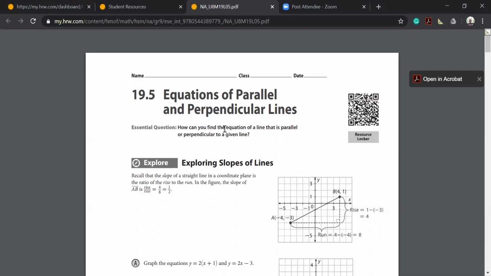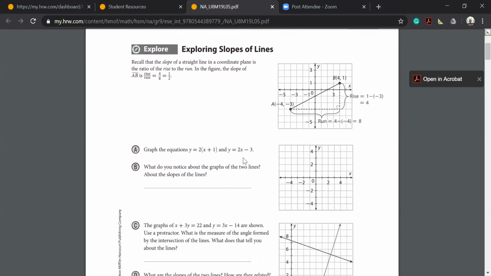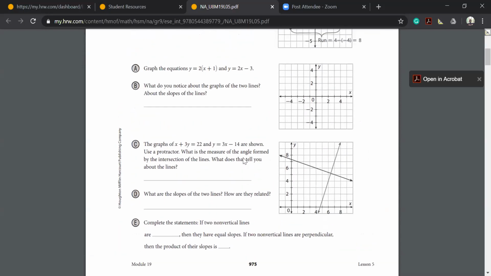But it's not just easy, it's a very, very important lesson. The equations of parallel and perpendicular lines are used heavily in SAT exams. So this lesson is easy, it's a break from geometry, and it's very important. Okay, let's begin. We are on page 975.